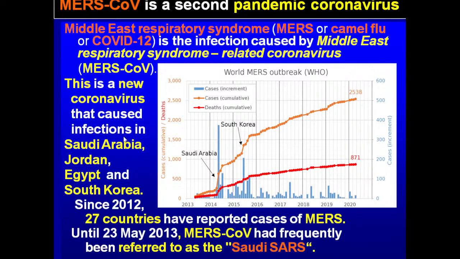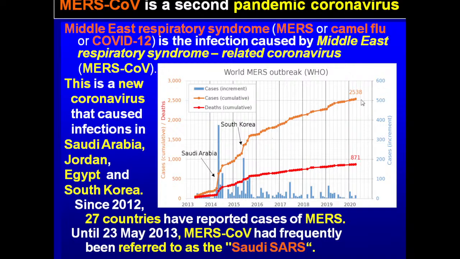And you can see here the world MERS outbreak. You can see that outbreaks can still be seen in the mentioned countries. And you can see how the number of cases rose within 2014, and then it eventually still went up.